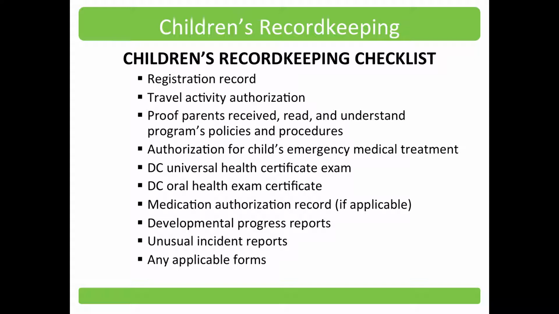Registration record, travel activity authorization, proof parents received, read, and understand program's policies and procedures, authorization for child's emergency medical treatment, DC Universal Health Certificate exam, DC Oral Health Exam Certificate, Medication Authorization Record, Developmental Progress Reports, Unusual Incident Reports, and any applicable forms.